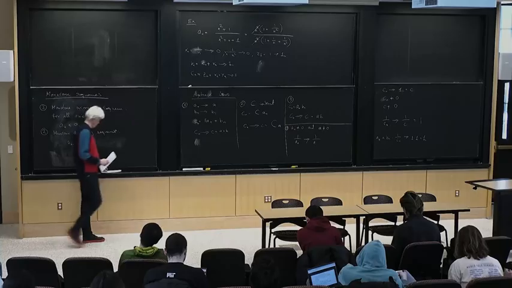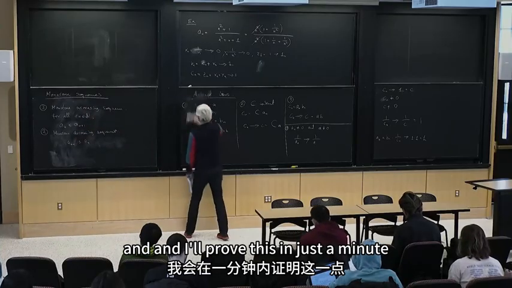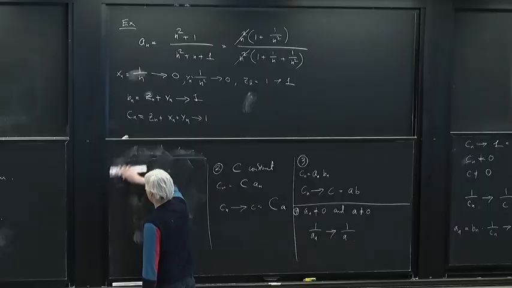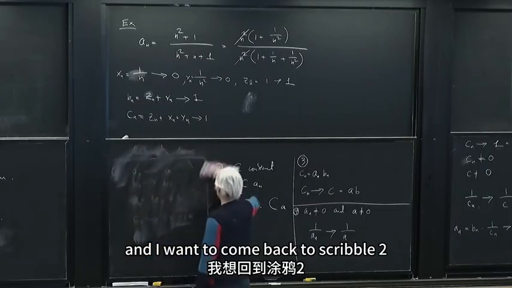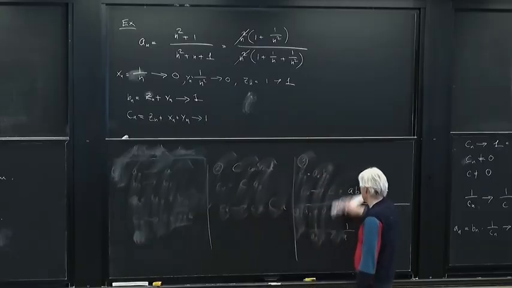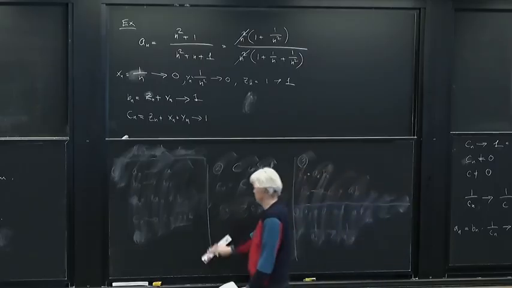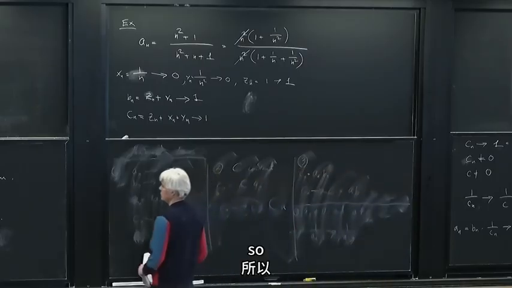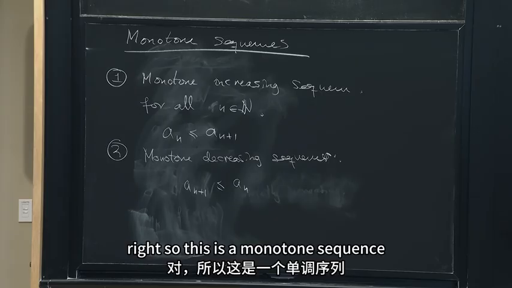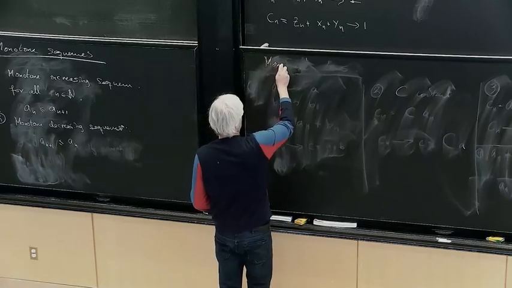Now there's a theorem, and I'll prove this in just a minute, but I also want to come back to square root of 2, and then look at another classical example of a monotone sequence. So this is a monotone sequence, and now let me state the monotone convergence theorem.